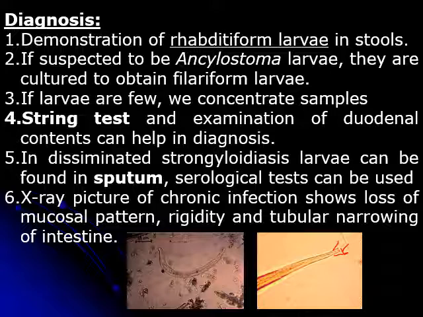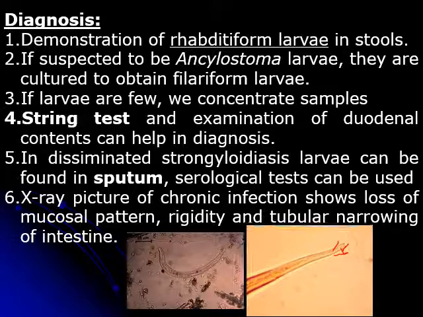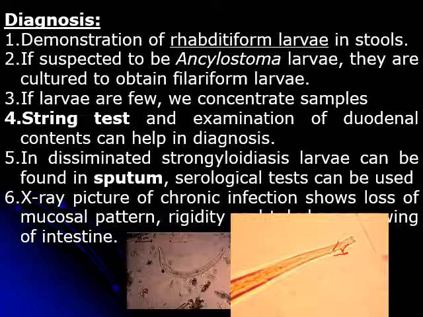This is the characteristic feature of the posterior end of Strongyloides stercoralis, not present in case of ankylostoma, which has a tapering end. Enlargement of the picture may show you the posterior end of strongyloides clearly.